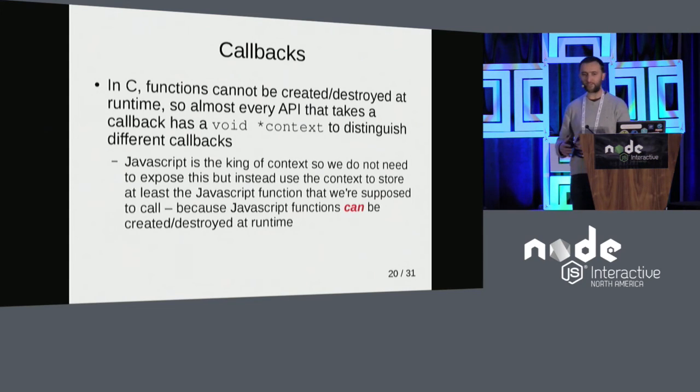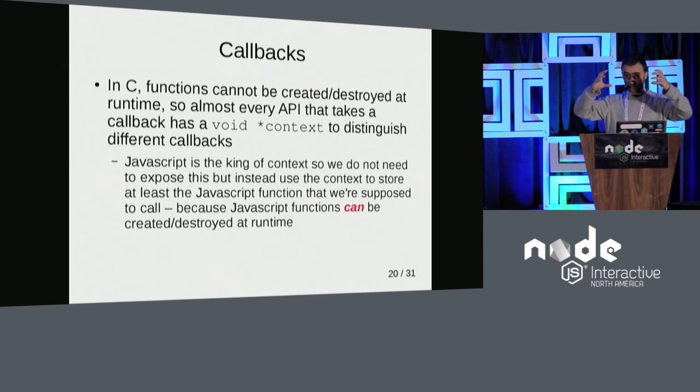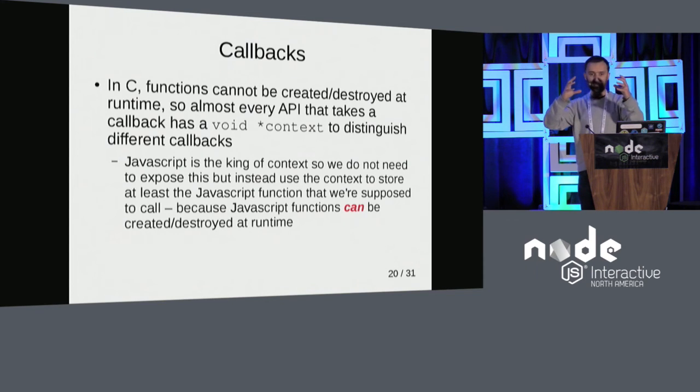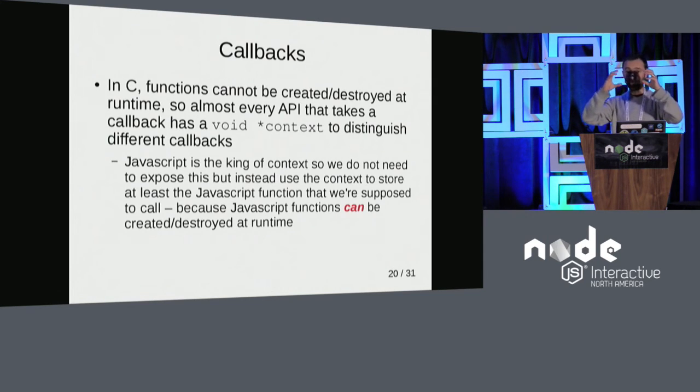If it's a poorly written C library and it expects you to pass a function pointer, but it doesn't also expect you to pass a context, now you're in deep trouble, because you have to resort to esoteric things like trampolines or FFI to create real closures in C, meaning allocate a chunk of memory at runtime, mark it as executable in a highly OS-specific fashion, and then insert assembly code which is specific to the OS and to the platform to create a new function at runtime.